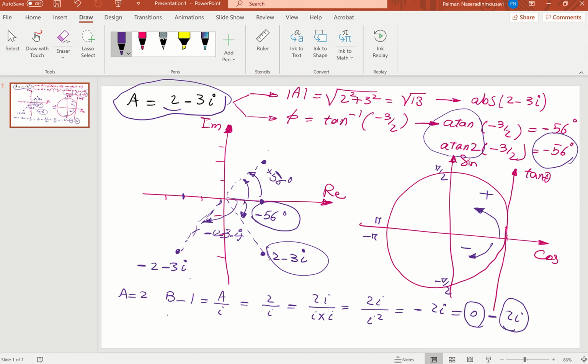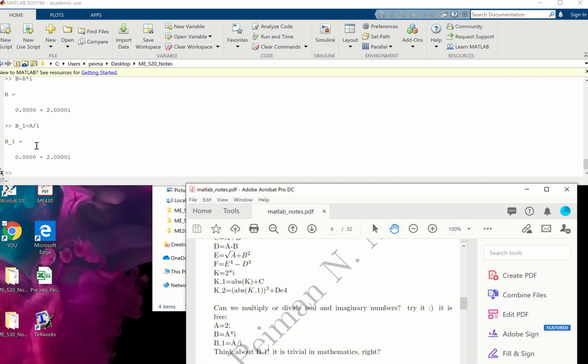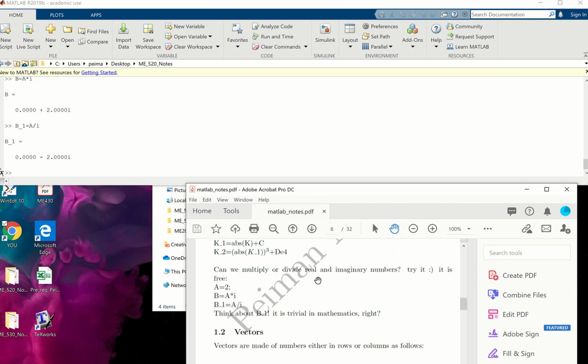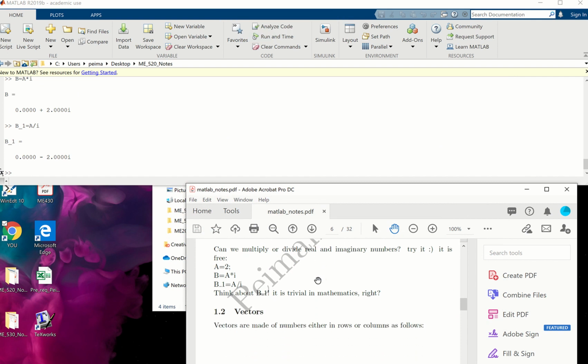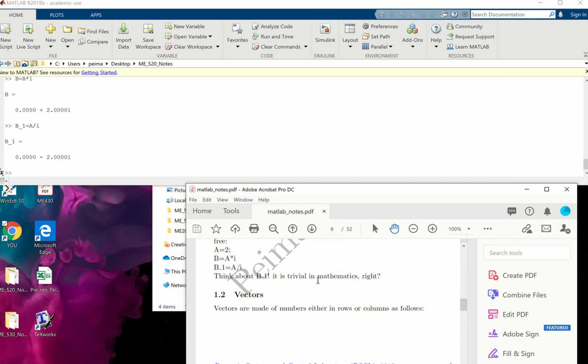So you see that MATLAB does it for you. Okay? MATLAB does it, so you don't need to do it by hand. Understand? So this is real mathematics, obviously it is. Okay, after the trivial numbers, let's deal with the vectors.